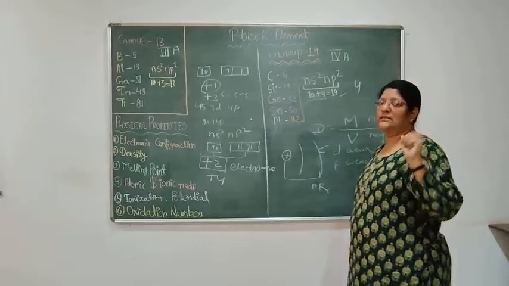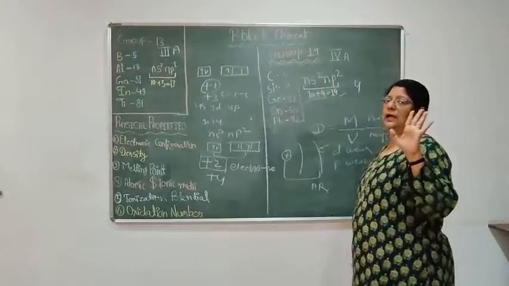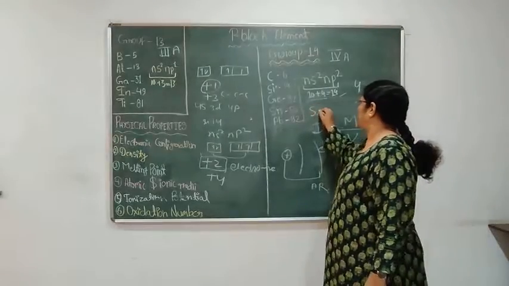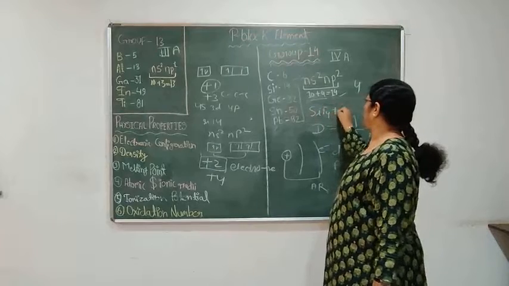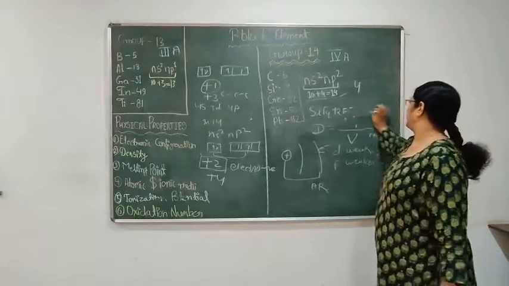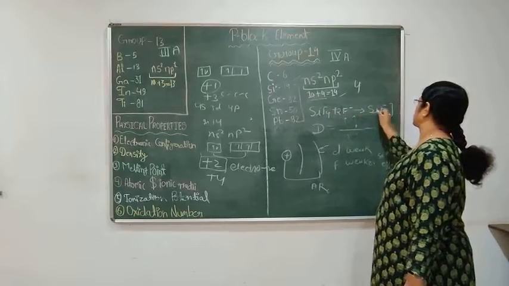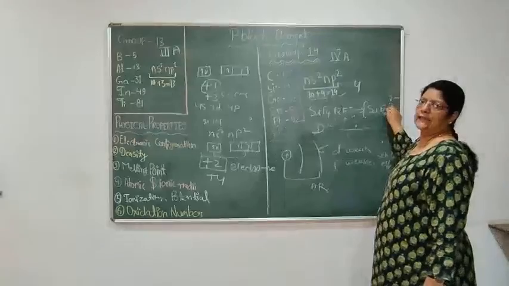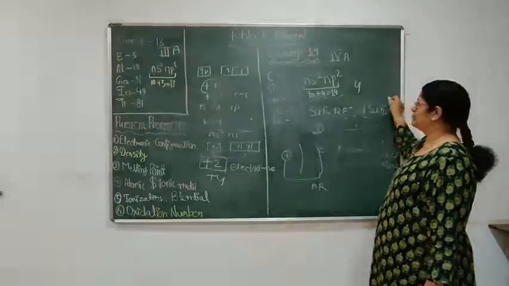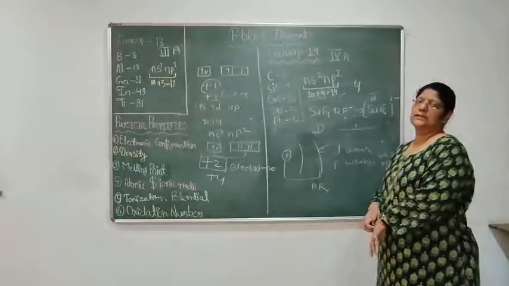Second, they are smaller in size, and third, they have vacant d orbitals. Possessing all these properties, they are capable of forming complex compounds, like silicon tetrafluoride reacts with two fluoride ligands and forms a complex compound, the hexafluorosilicate ion, SiF6 2-. Here 6 minus 2, 4 will remain, and these are considered ligands.